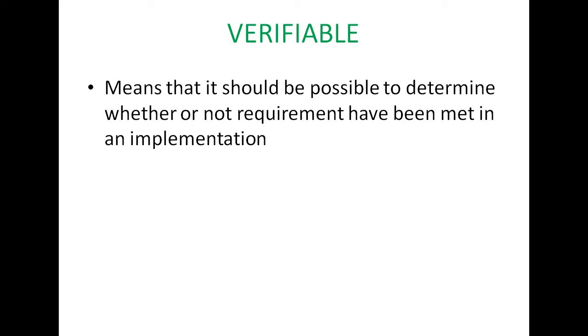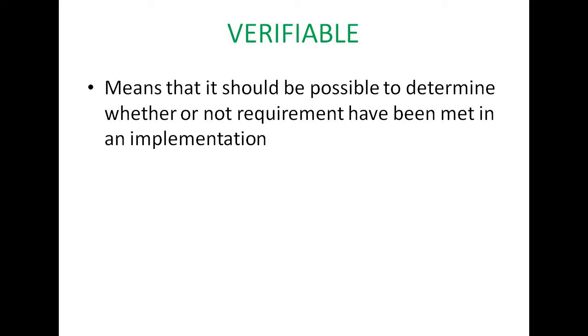First thing is concise. Concise means your SRS document must be unambiguous. Okay, clear. The things must be clear. Structured means SRS documents should be written in a format that should be understandable by everyone. Black box view means the SRS document only focuses upon the external behavior of the system.